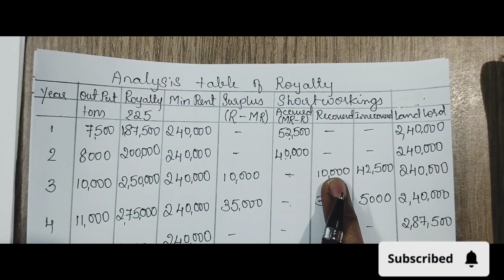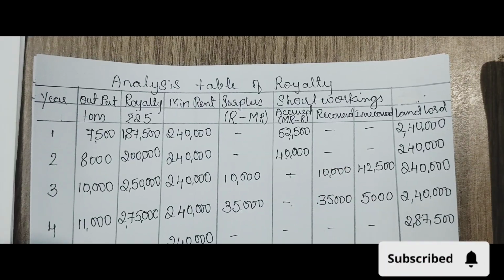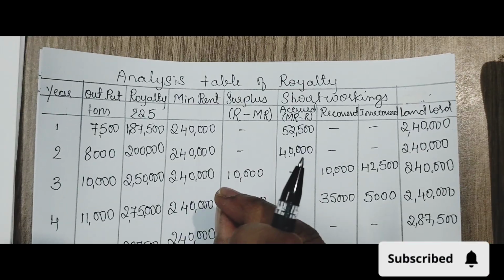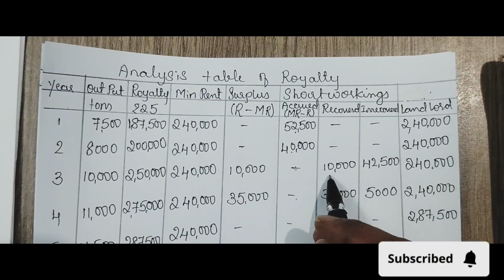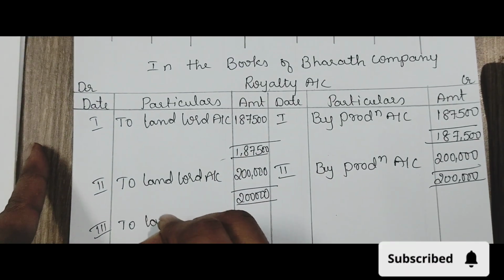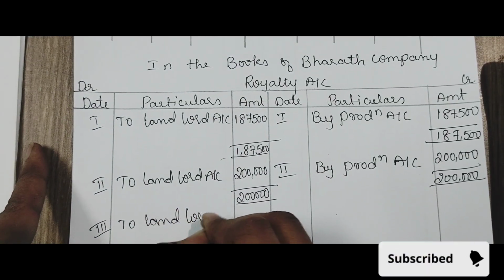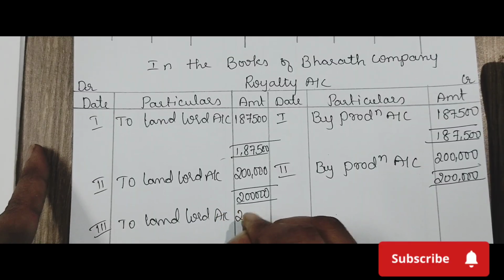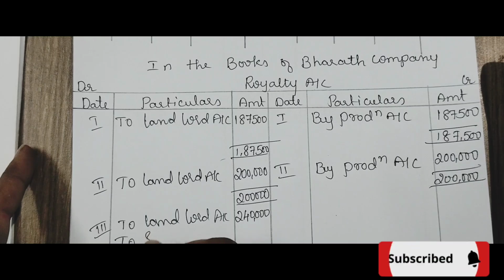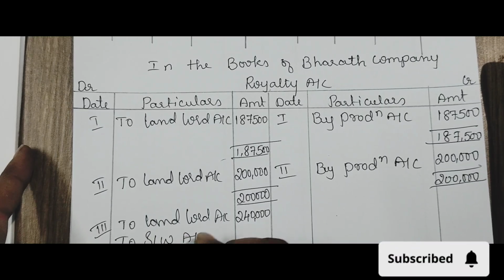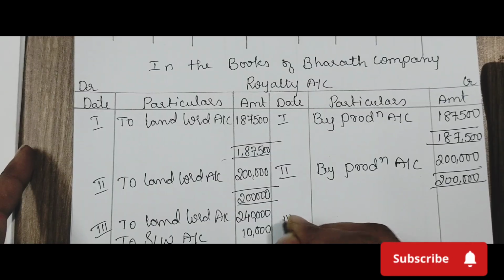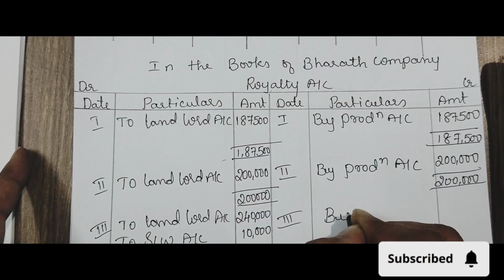You have a debit of short working that you have recovered. See, short working recovered is not an income. It is just an adjustment to the short working occurred. This 10,000 to landlord account 2,40,000, to short working account 10,000, transferring to which account?